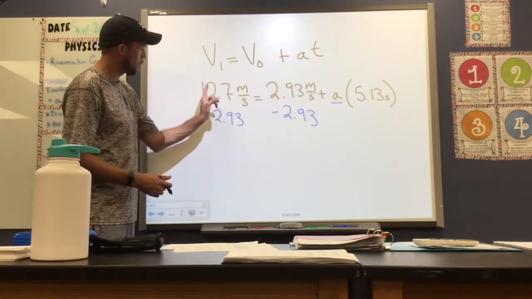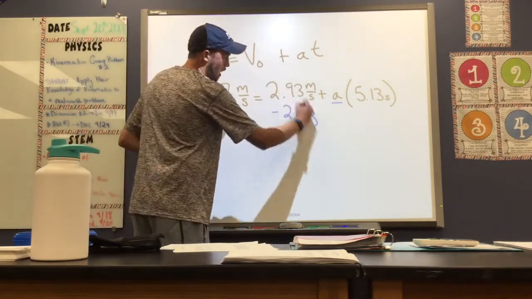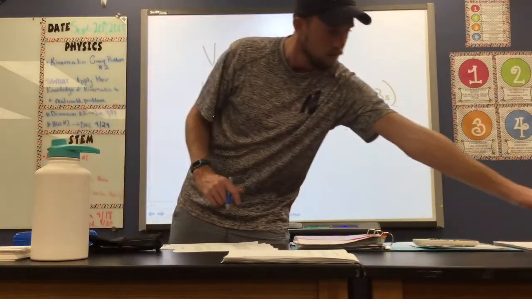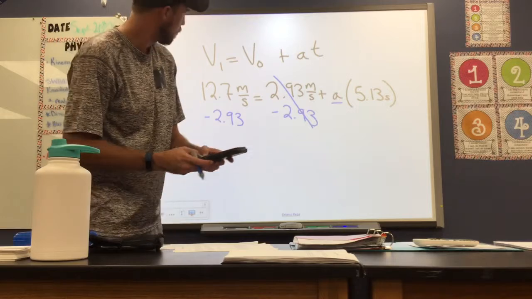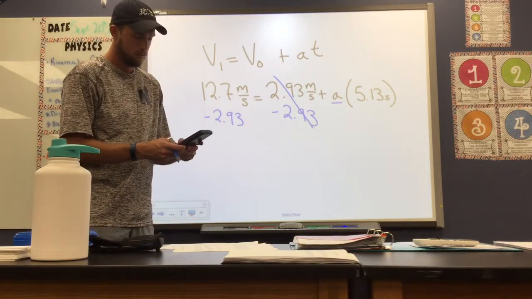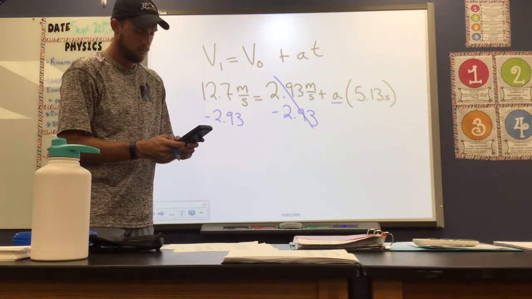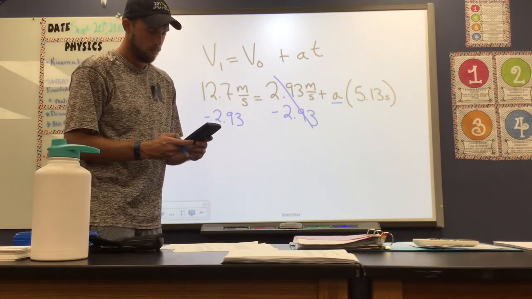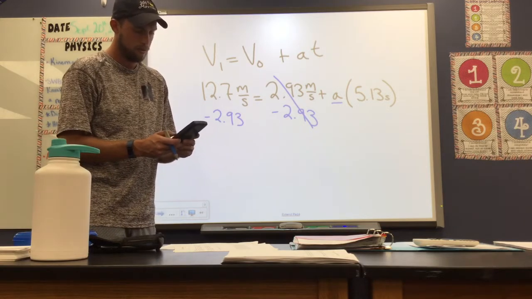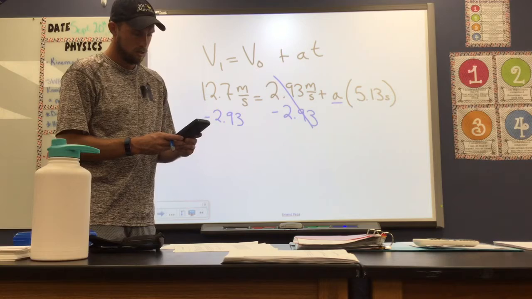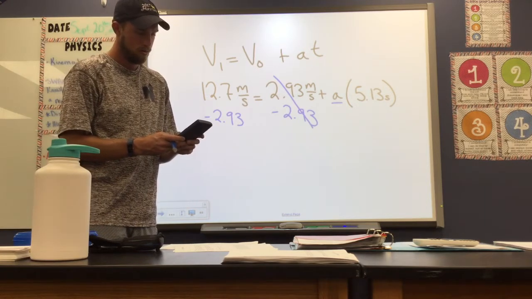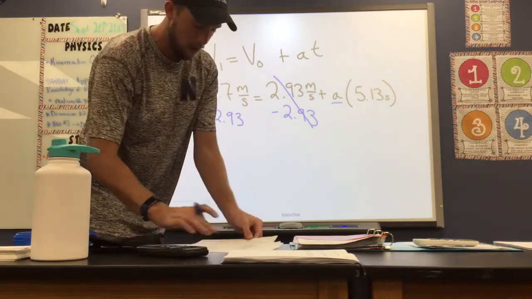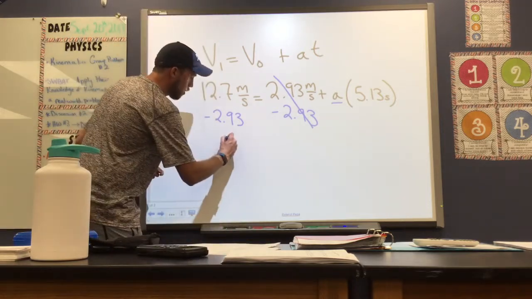So what I'll do here is I'll take 12.97 and I'll subtract 2.93. It should give me a value of about 9.77 meters per second.